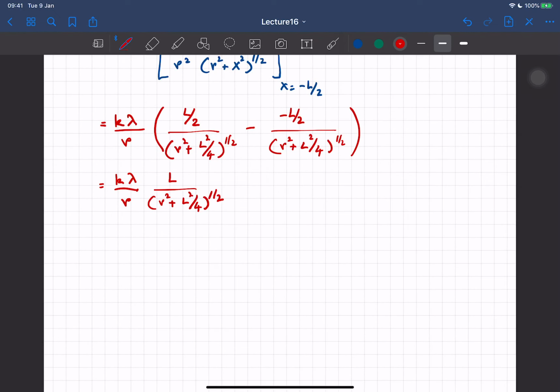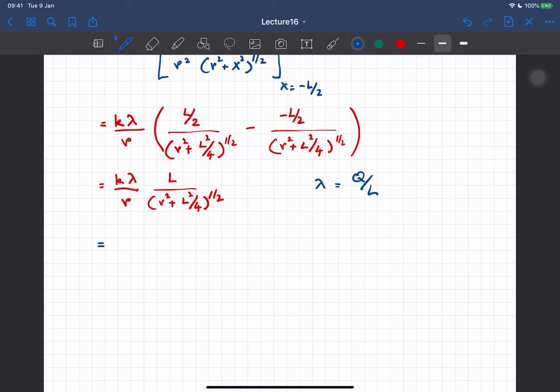So that's the answer. What you can do is, if you don't like this lambda, because that's something we kind of made up, it's not a variable given by the problem, you can substitute lambda equal to Q over L. That's how we define it. It makes it a little bit nicer.